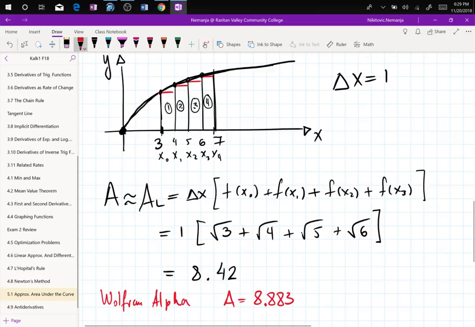You have the left rectangle, from the left point, or you can do the right rectangle from the right point, which is the blue one. All of the blue ones, in this case, are going to overshoot the area. If you have all the red ones, they're going to undershoot, right? There is a way to fix that as well, but you can calculate left and calculate right and then just say, well, the area is somewhere in between. And that's cool too.